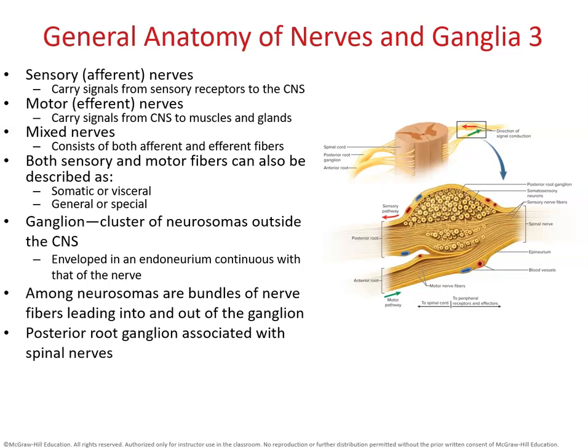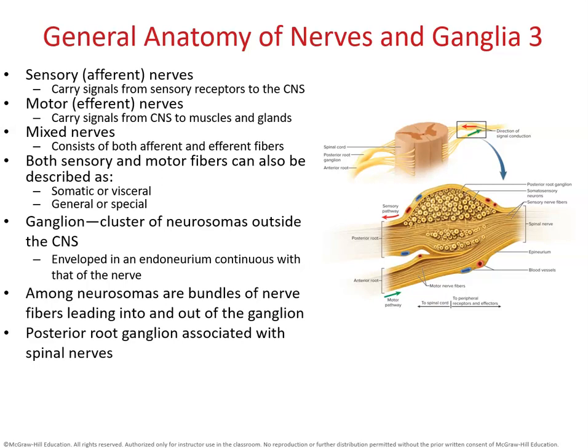And like we just said, we have mixed nerves, which happen when the afferent and efferent nerves are together in the same bundle. Remember, we talked about the different subdivisions of both sensory and motor fibers. Both sensory and motor fibers have both somatic and visceral divisions.